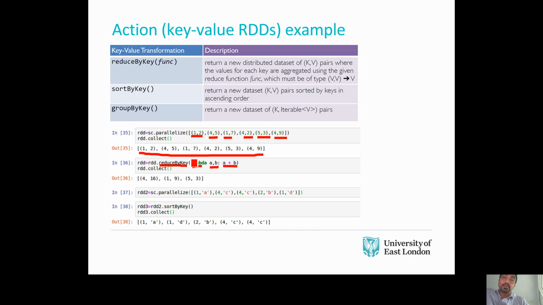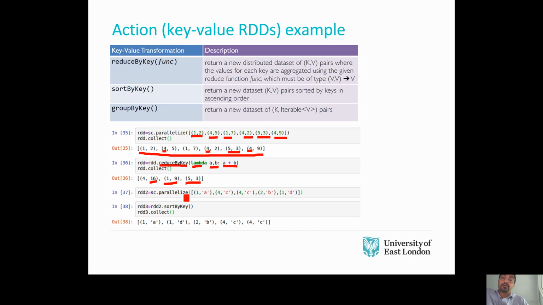There is key 1, key 1. So 2 plus 7 is 9, right? Here we have key 4 here, 4 here, 4 here. So 5 plus 2 is, sorry, 7. 7 plus 6 is 13. 13 plus 9 is 16. And then we have one key for 3, which is exactly going to be printed out here.